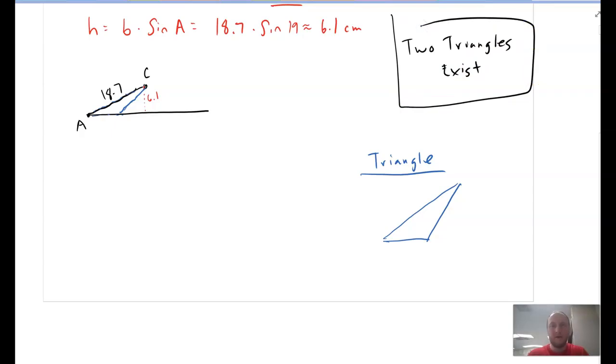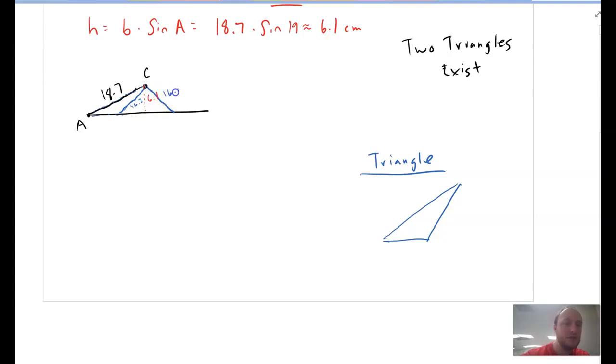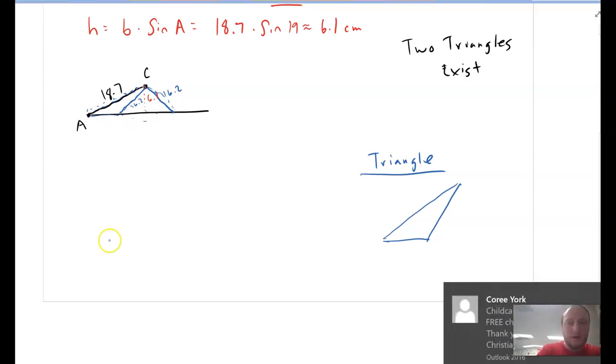If this is 16.2, I can generate another triangle over here, 16.2. So now I have another triangle, all the way over here. So I'm going to draw another triangle, and that looks something like this.